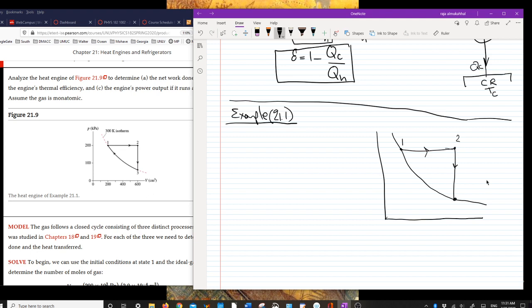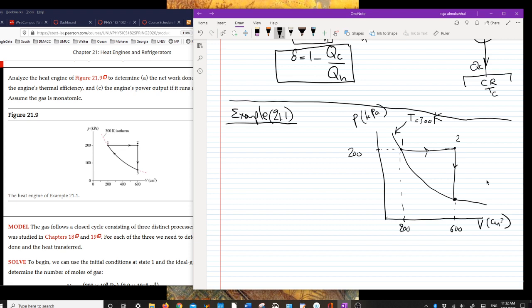Point 3 here is at 600, and 1 here is at 200, and here it is at 200. This is the pressure in kilopascals, and the volume here in cubic centimeters. The isotherm temperature is 300 degrees Kelvin.